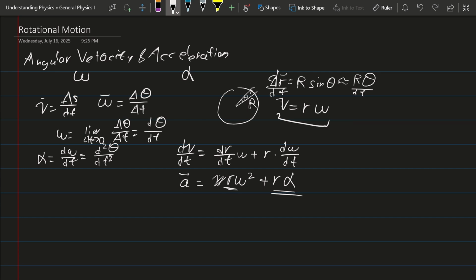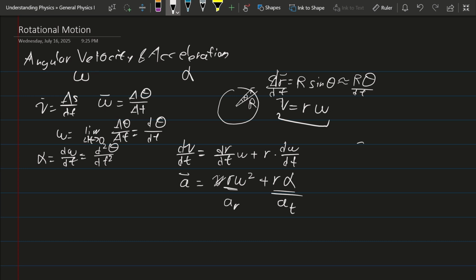But I won't really discuss it here, though you could do it if you do the vector calculus correctly. So here, you need to trust me first that this r alpha is something which we call the tangential component of the acceleration, while this r omega squared is the radial component of the acceleration.